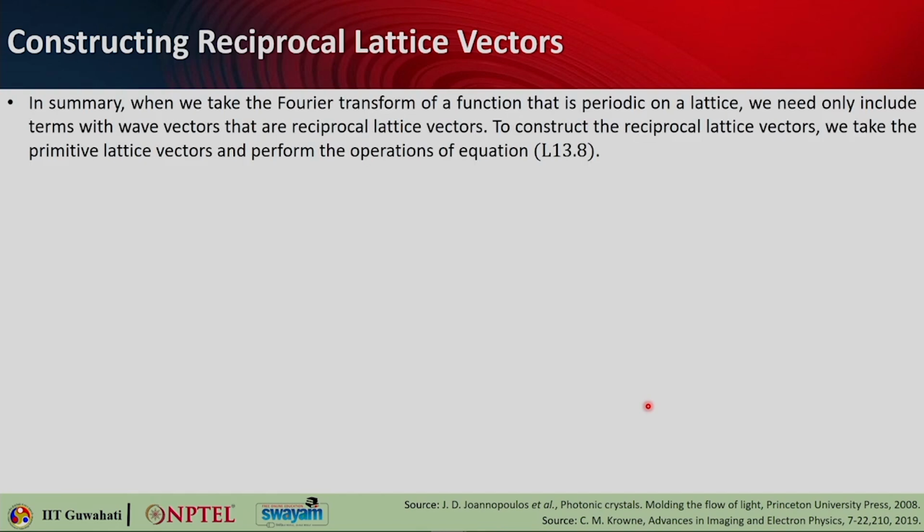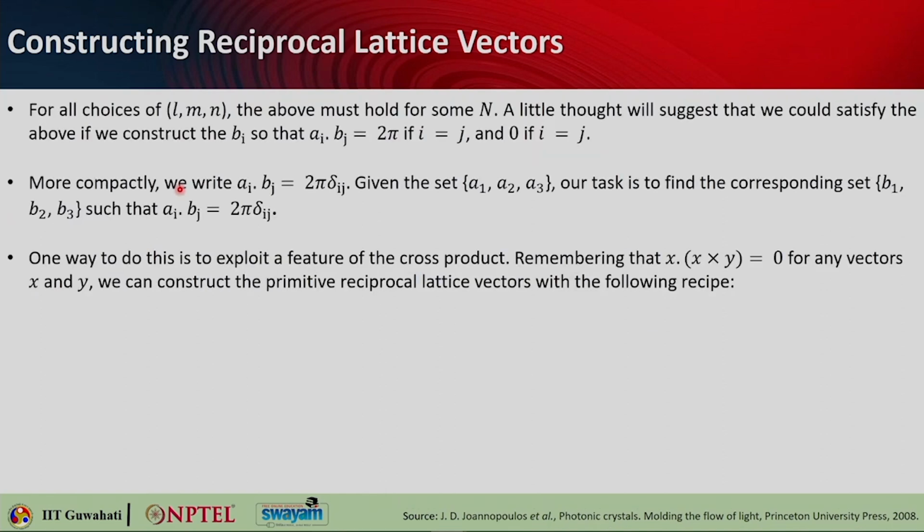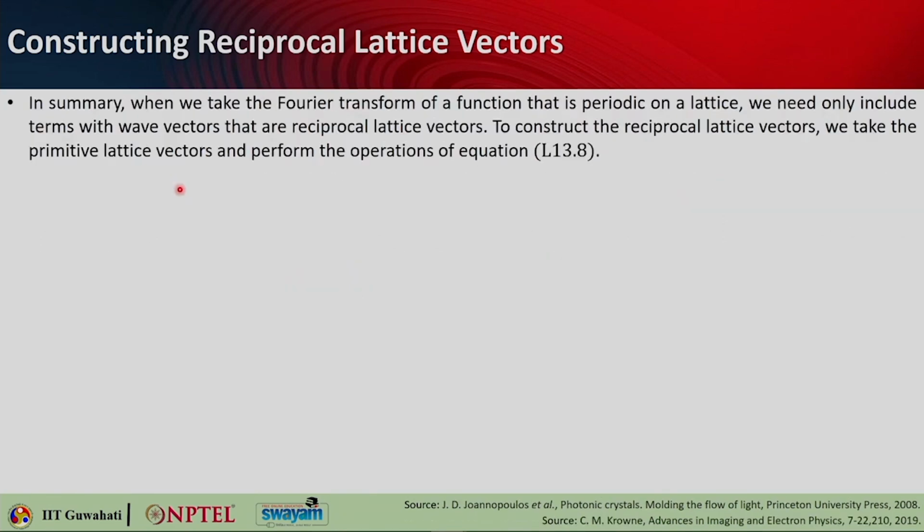In summary, when we take the Fourier transform of a function that is periodic on a lattice, we need only include the terms with wave vectors that are reciprocal lattice vectors. To construct the reciprocal lattice vectors, we take the primitive lattice vectors and perform the operations given in this equation. Simple.